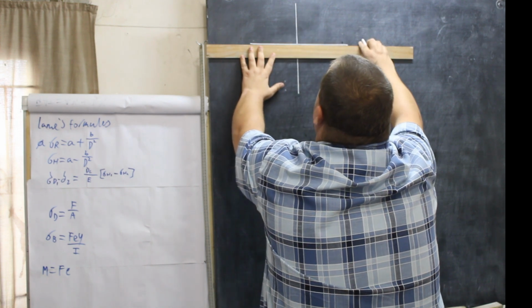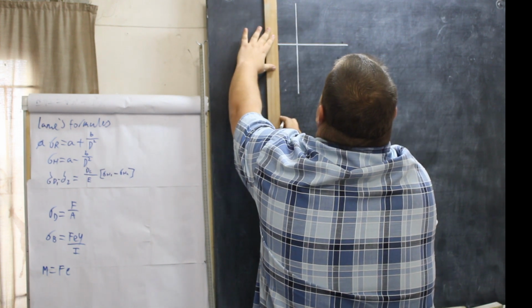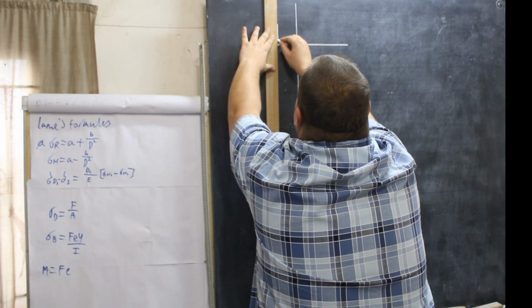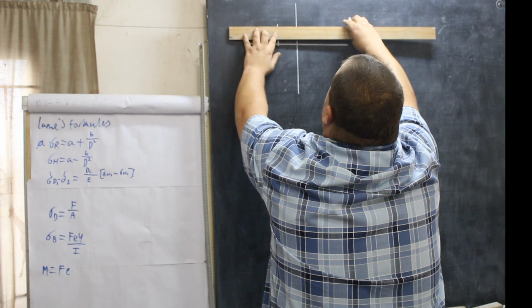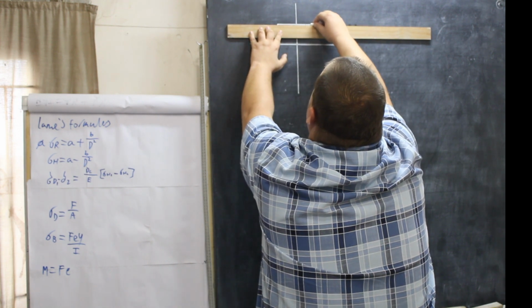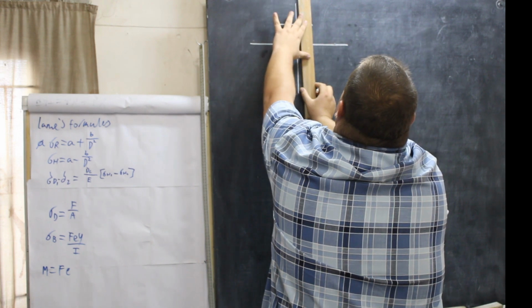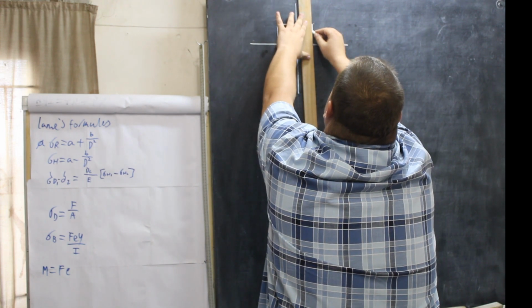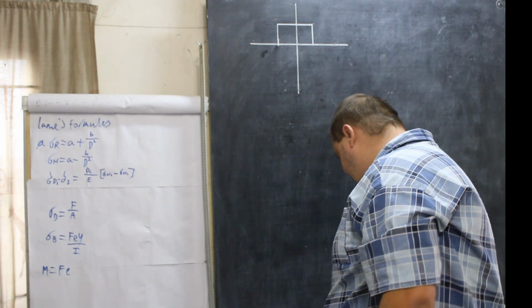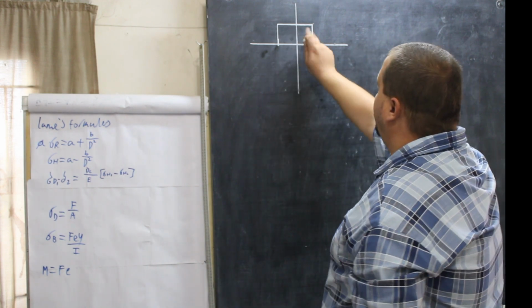The weir, I'm going to do this way because it actually works out a lot easier if you do it this way. Always do it on top. Now, the weir is like this. It's directly in half.